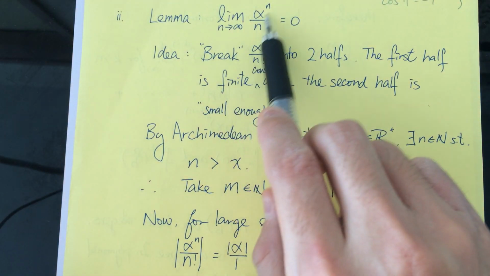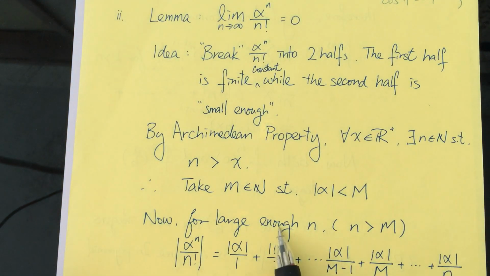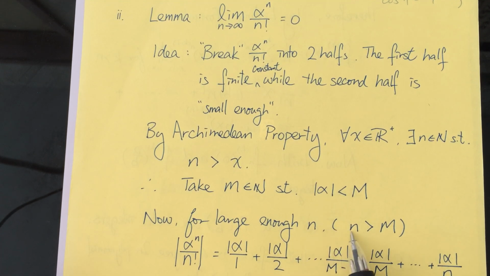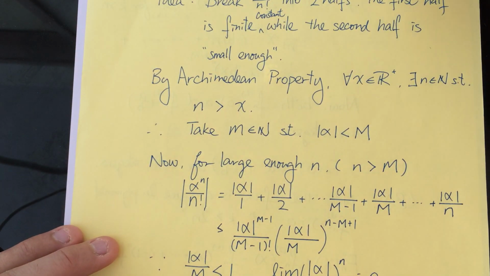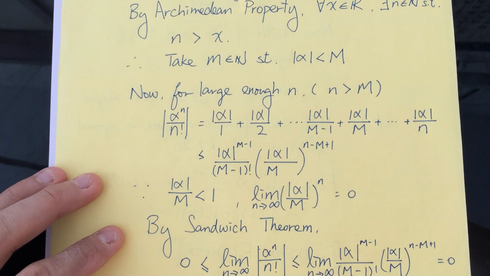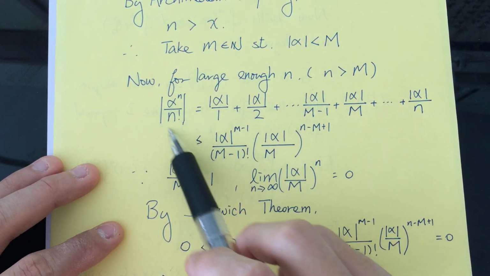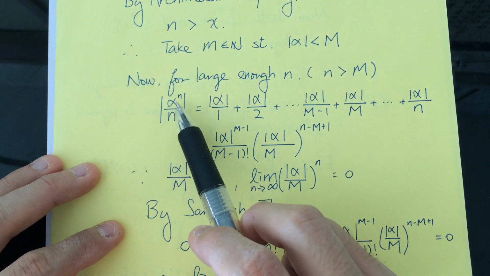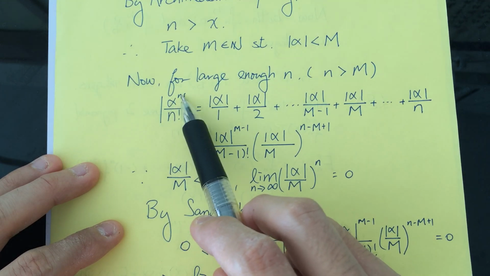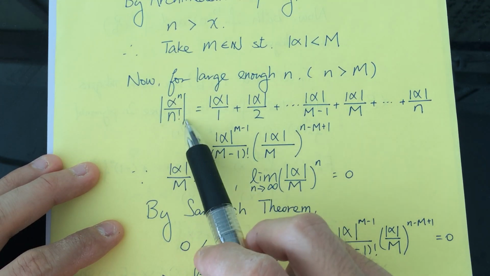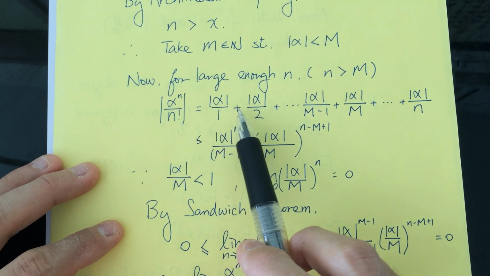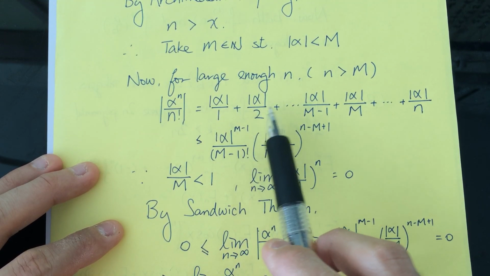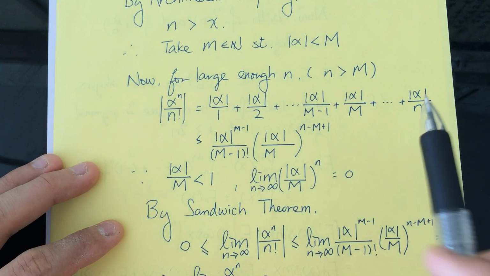Therefore, I can break this into two parts, for n large enough, that means n is greater than m. We consider this expression, absolute alpha to the power n over n factorial, which is alpha over 1 times absolute alpha over 2 and so on until this part.